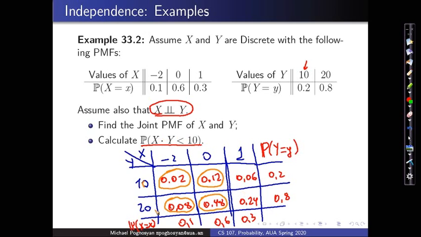Finally 1 times 20 is 20, not satisfying, so I will not add. The sum of these four numbers will give this probability.